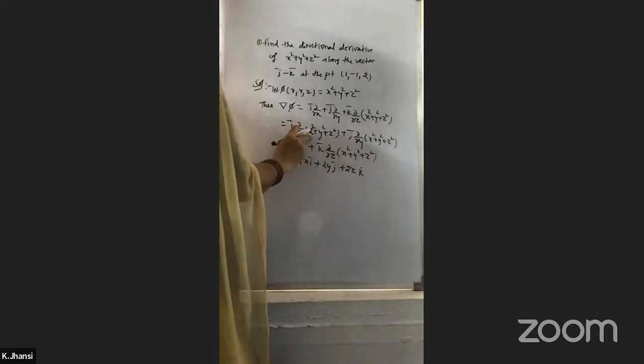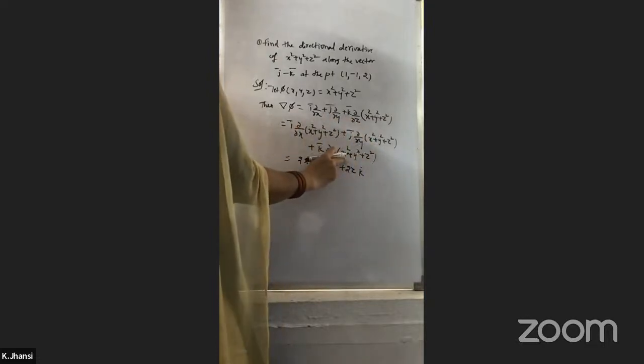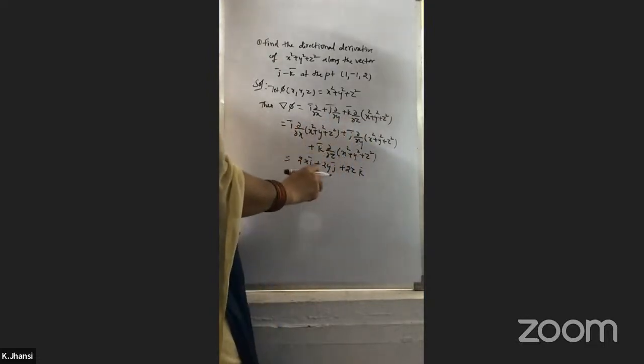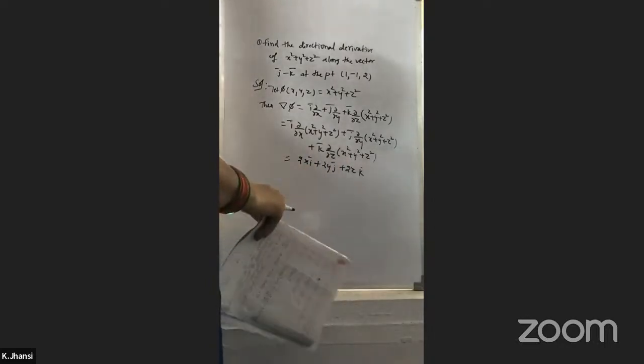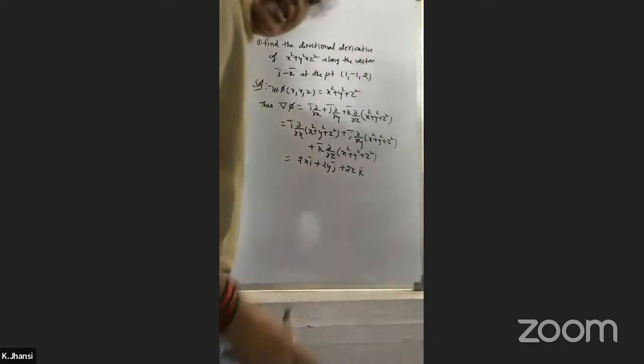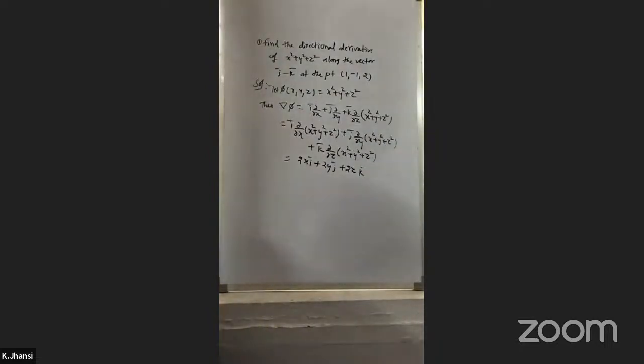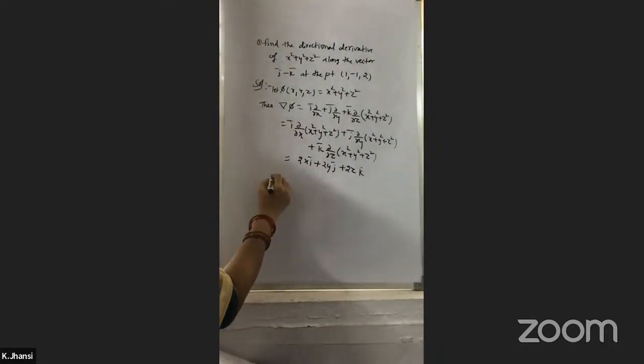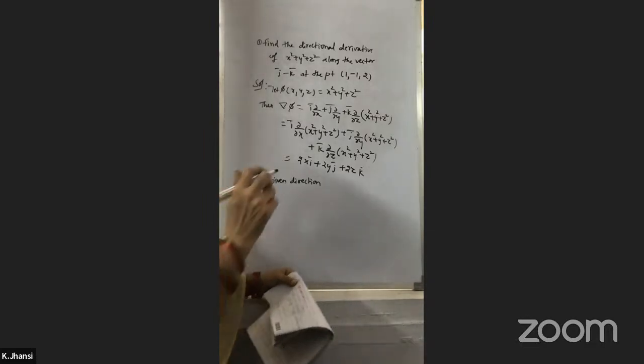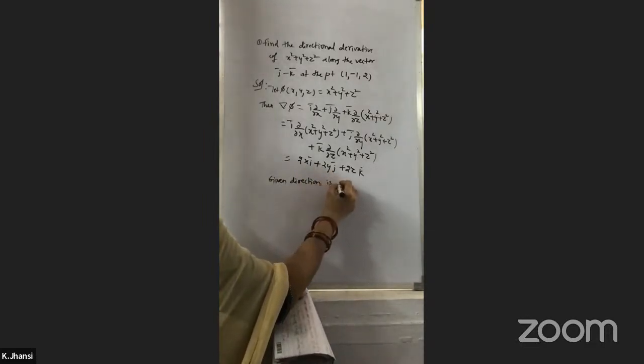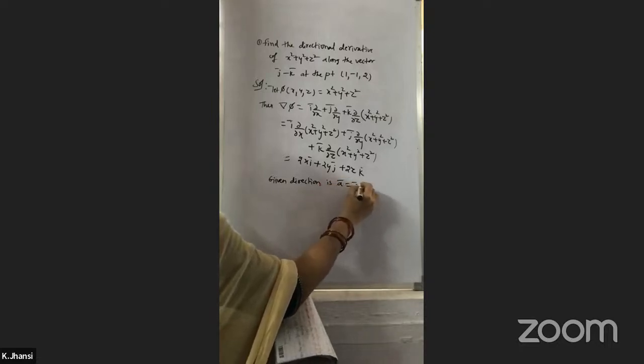Here x square differentiation, here y square differentiation, here z square differentiation. Now the given direction is vector A is equal to j minus k.